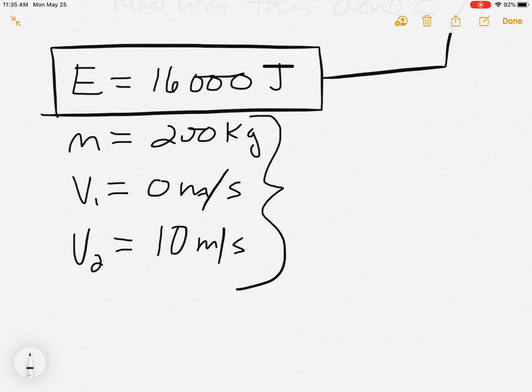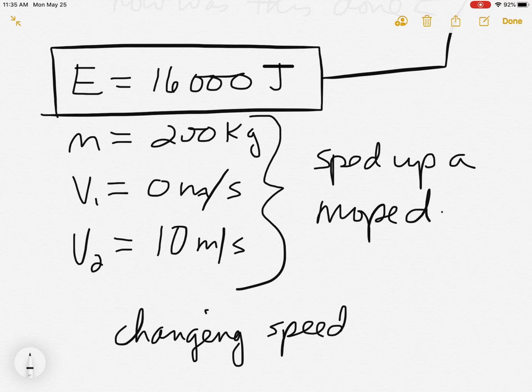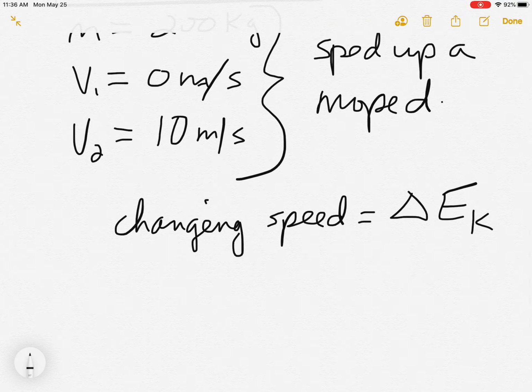Well, what we accomplished was we sped something up. We sped up a moped. Now, if you change speed, changing speed means that we have a change in kinetic energy. Basically, in this course, we talk about two kinds of energy, right?